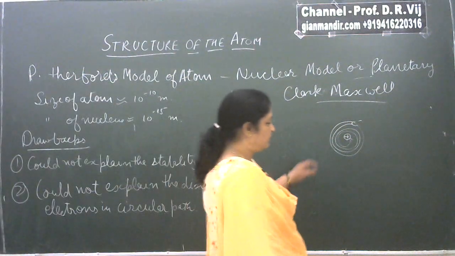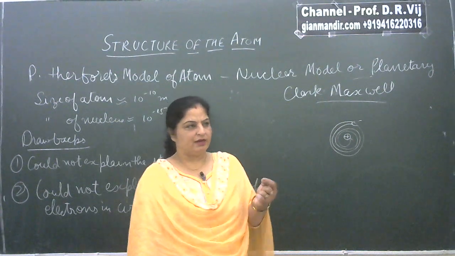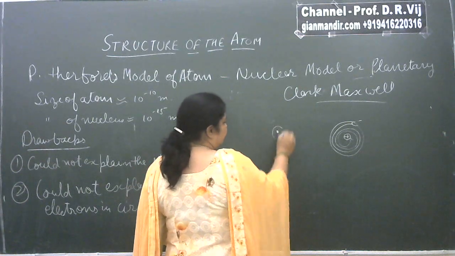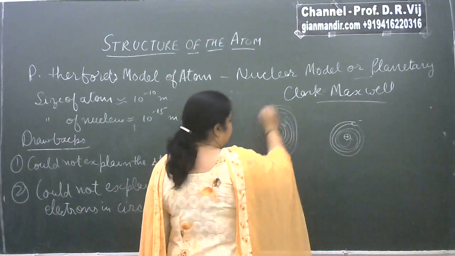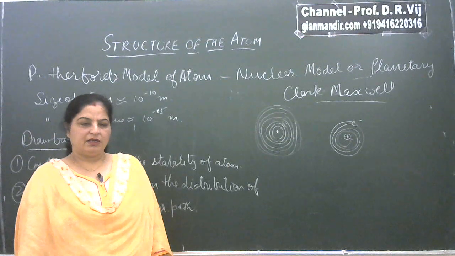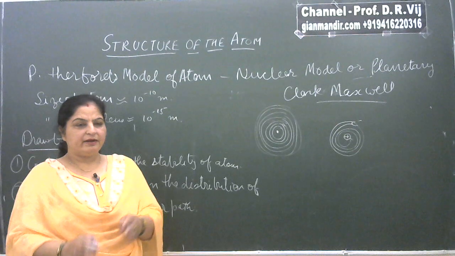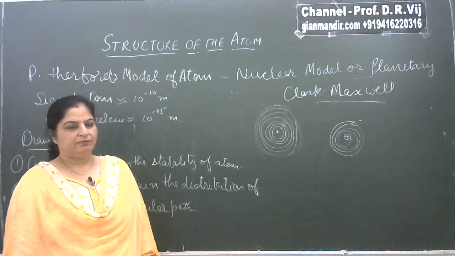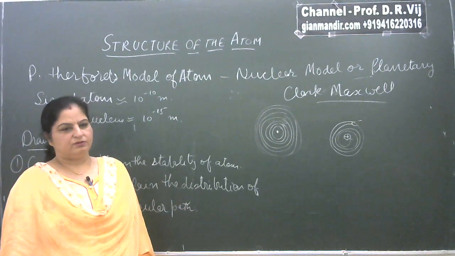As it was told by Rutherford that electrons revolve around the nucleus in circular paths. Fine. But if you think that around the nucleus there are an infinite number of circular paths possible, there are so many circular paths possible. So can an electron stay in any of these circular paths? Or are there some fixed, defined circular paths in which electrons will revolve? No explanation was given for this problem also, right?